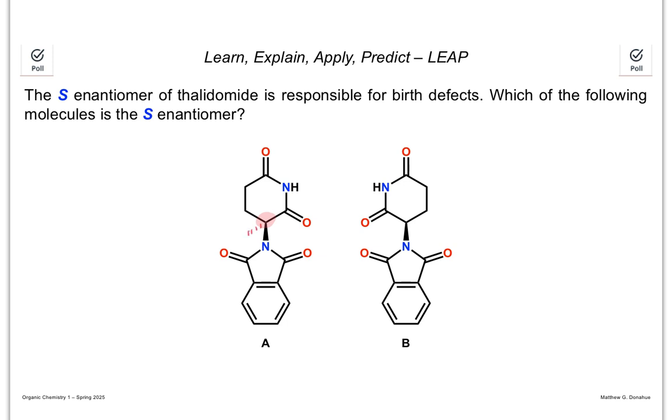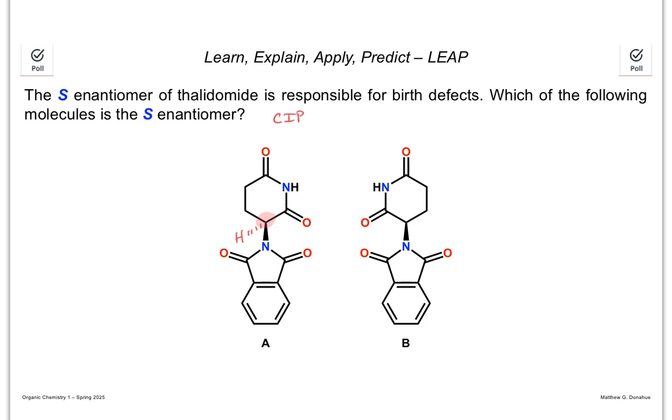So I'm going to draw in the implicit hydrogen going back. Based on our CIP, the Cahn-Ingold-Prelog rules for this nomenclature, the lowest priority group needs to be facing back. Typically it's hydrogen, so we're okay in that regard.